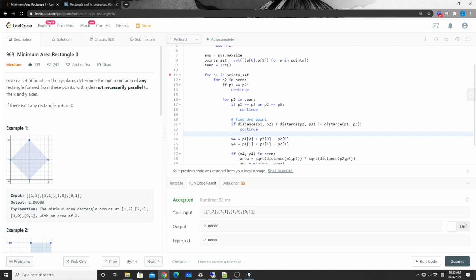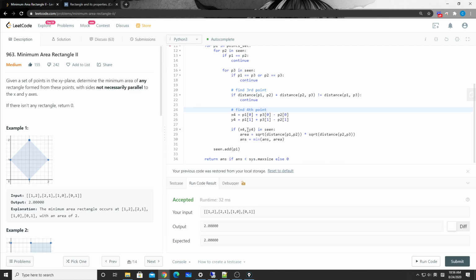And then, more importantly, that's how we find the fourth point. Once we have all four points, all that's left is to calculate the area and then compare with the answer. Cool. So that's the first approach.